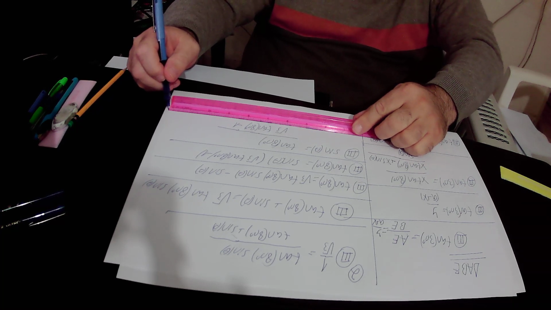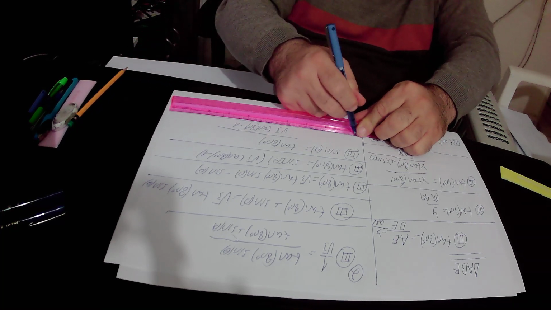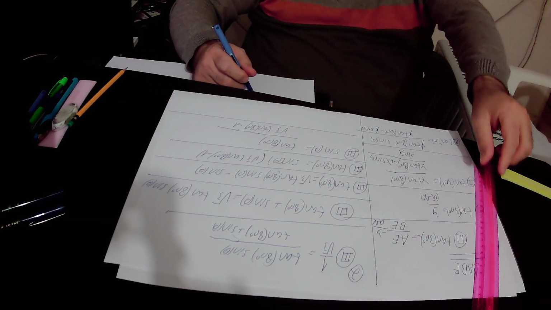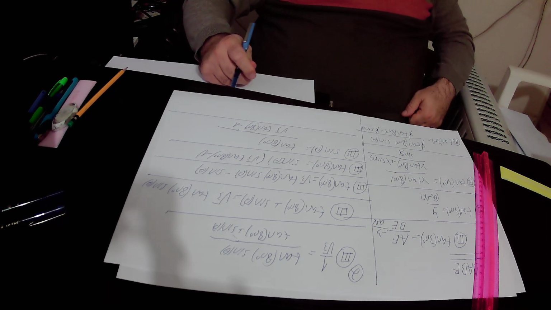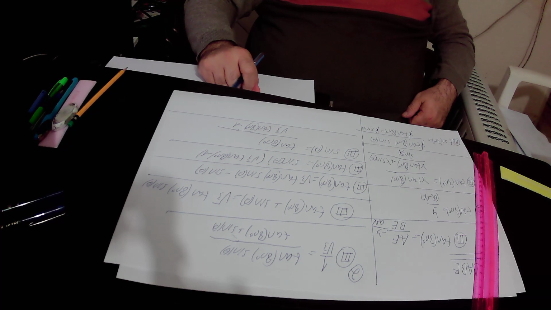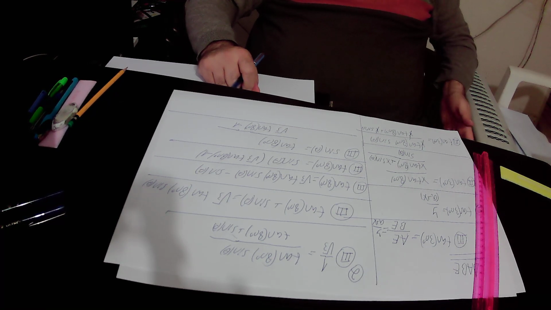We know that the value of tangent theta is sine theta over cosine theta, and the value of tangent 80 degrees is sine 80 degrees over cosine 80 degrees.